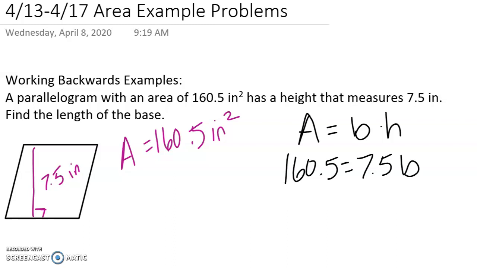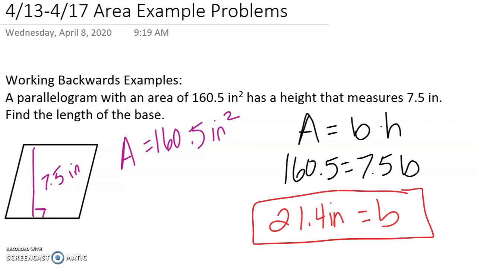I just do that to make my formula a little bit more simple, and then I'll consider what my correct units are going to be at the end. Now, in this case, I'm going to solve for b by dividing both sides by 7.5, and we get that b is 21.4 inches. Since we are doing lengths and areas, you need to include units in your answers.